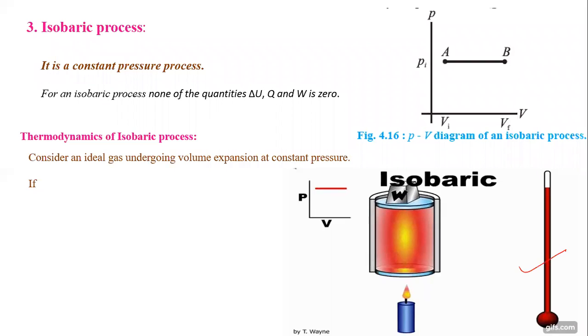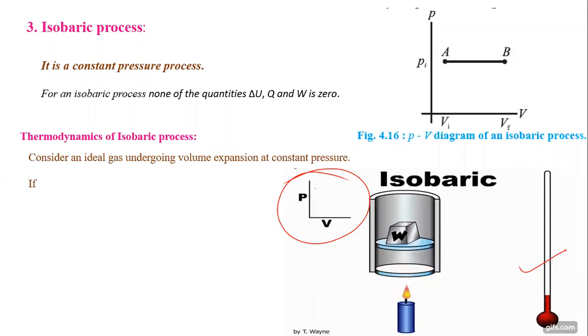This is a temperature meter. To maintain the pressure constant, the volume is increased slowly. When the volume is increased slowly, you can see here the relation of the pressure and volume. So pressure is constant here.